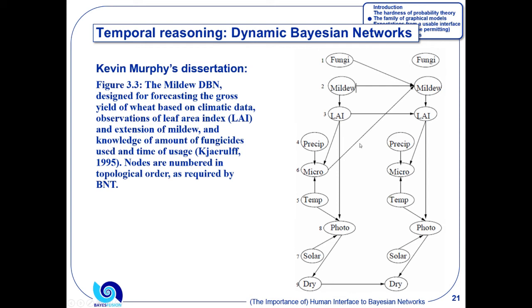Temporal arcs are drawn between two different instances of this network. We can imagine that this is the network at time t, and this is the network at time t plus 1. But boy, what do you do when you have influences of higher order, like second, third, or 10th? You would have to draw this as many times as there are time orders, arrows of a different time order.